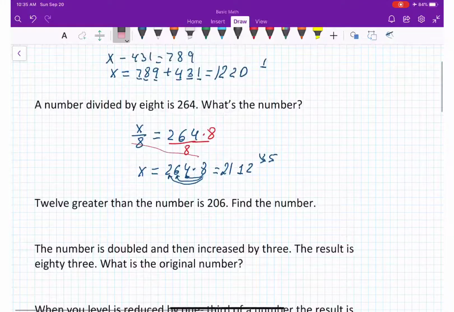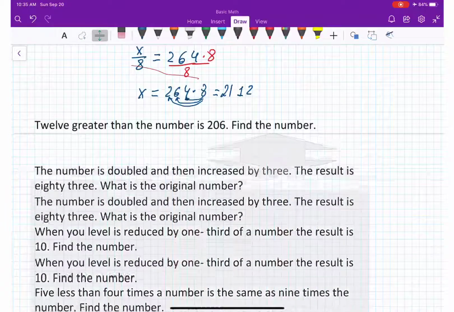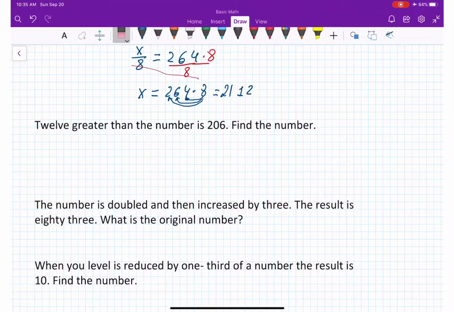Next one, let me clean this drafting. 12 greater than the number, so which means the number is x. 12 greater than the number is 206.